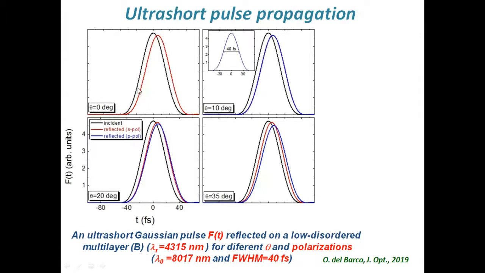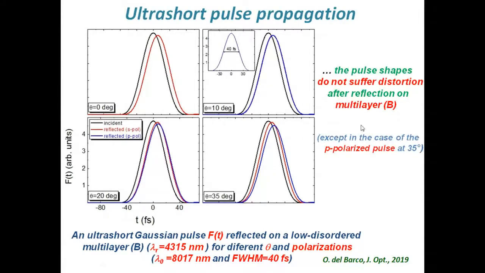For normal incidence, this is the incident pulse, and these are for S and P polarizations. You know that for normal incidence, both polarizations are indistinguishable, so they are the same. As we change the angle of incidence of the mirror, we obtain that for both S and P polarizations the pulse gets distorted, which is unavoidable.